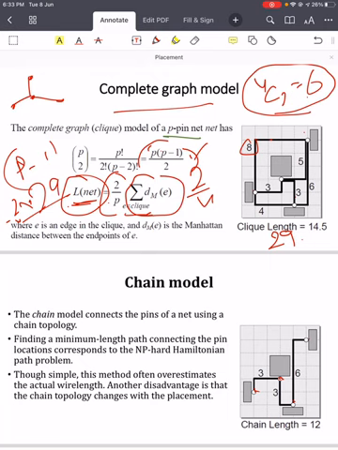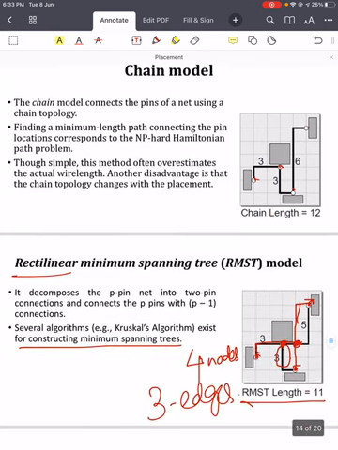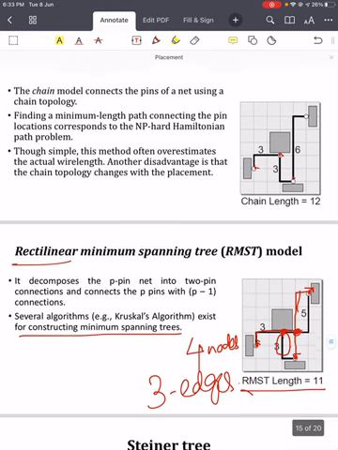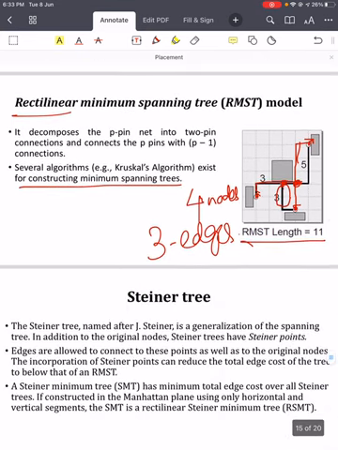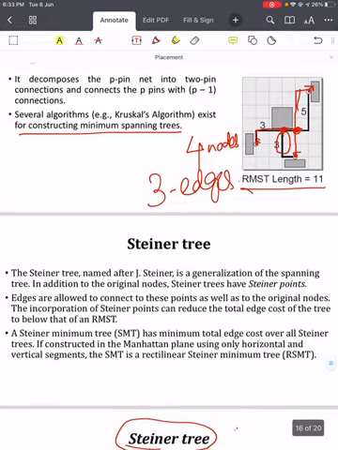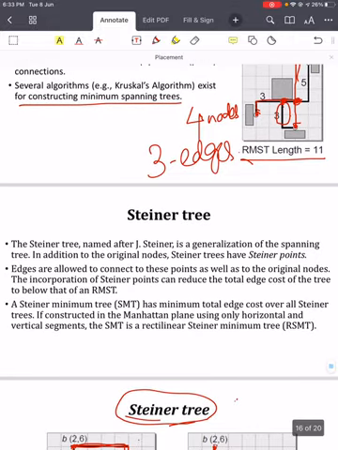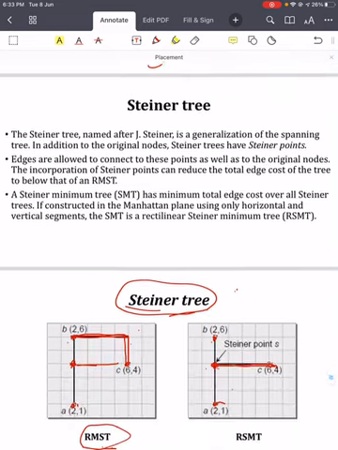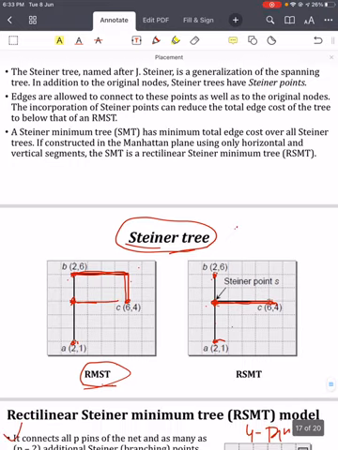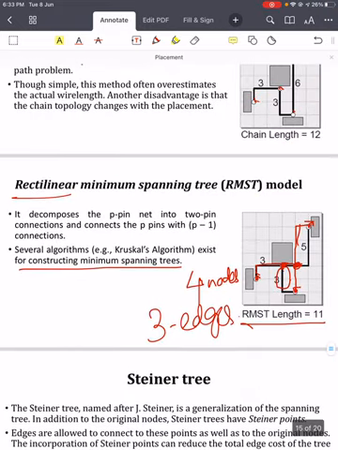The rectilinear spanning tree can be generalized further by using a Steiner tree, where we can have some branches along any wire and minimize the wire length a little bit, because often the rectilinear minimum spanning tree (RMST) model overestimates the actual wire length.